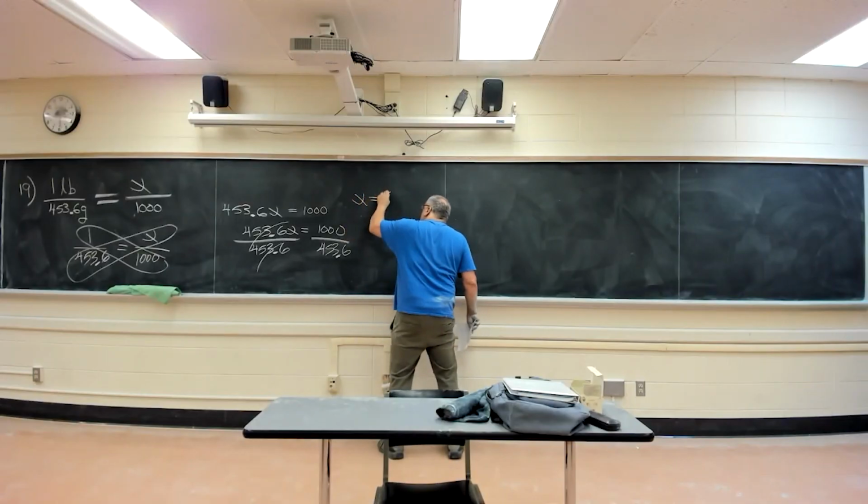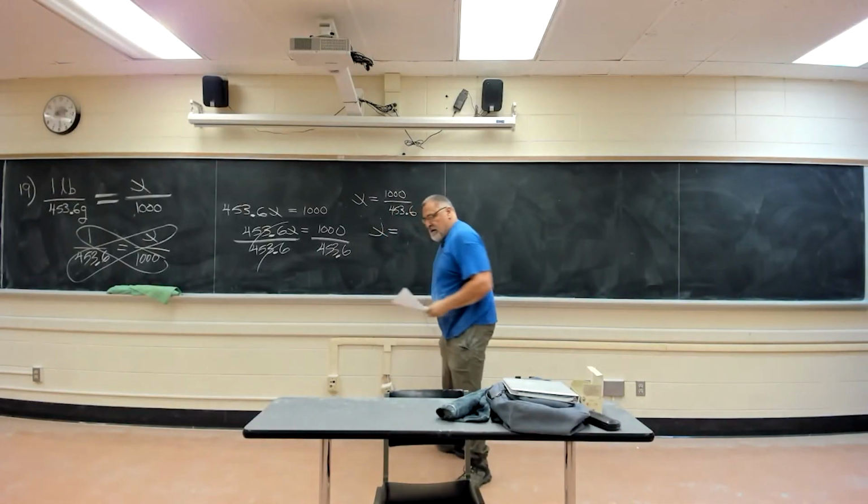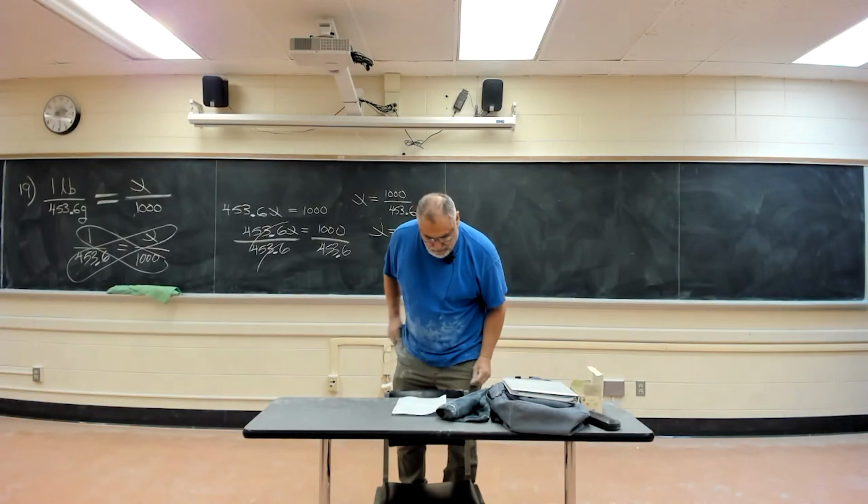X is equal to whatever this is. Round it to 1 decimal place. We'll figure it out.